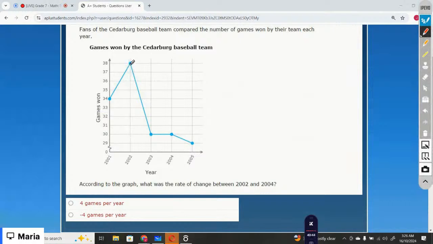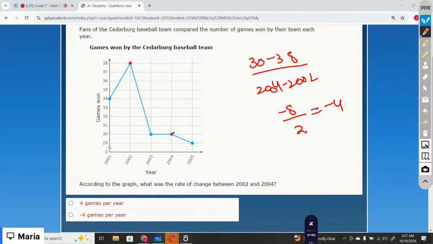That is 38, 30. 30 minus 38 divided by 2004 minus 2002. So, which is the correct option? That is negative 8 over 2.